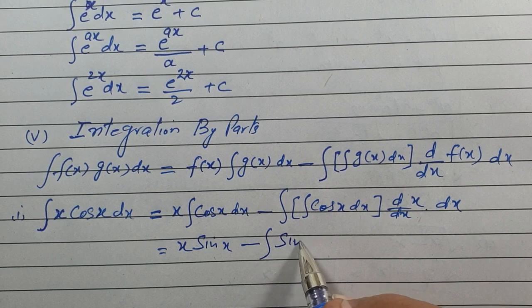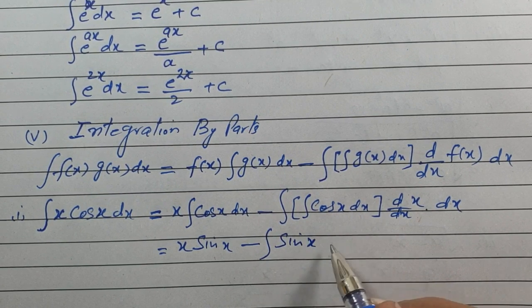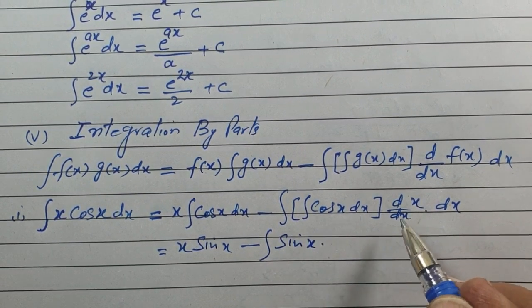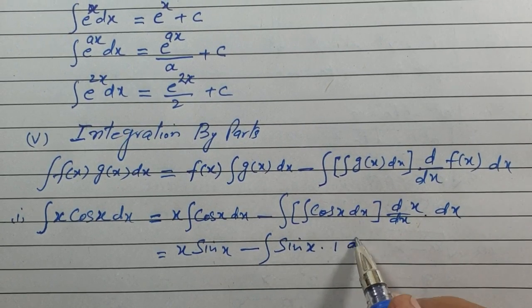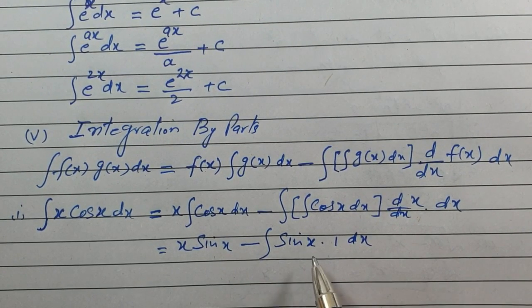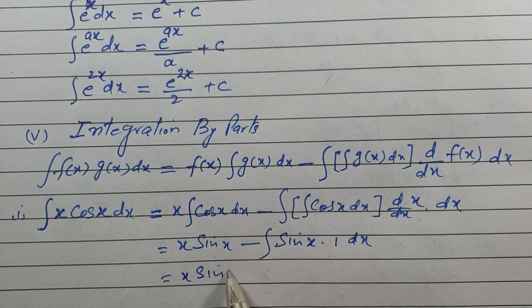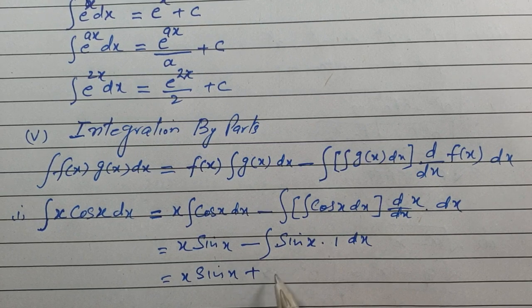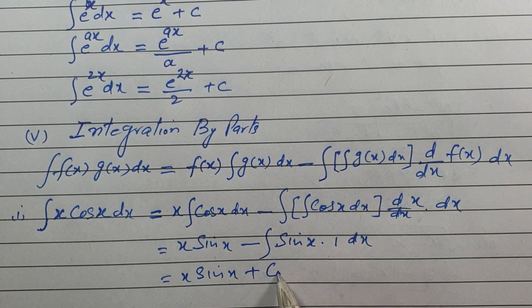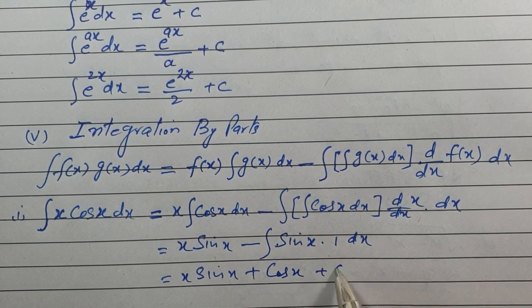Sine of x into derivative of x with respect to x, which is 1, dx. So the function has become simplest now, it is sine of x. If we put the minus sign here, it is the derivative of cos of x. And its integral is cos of x plus c.